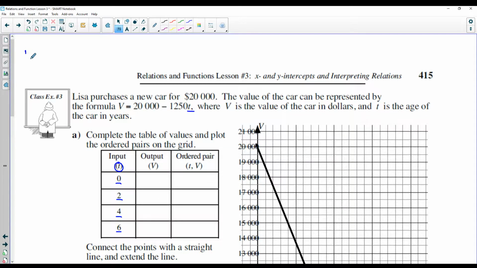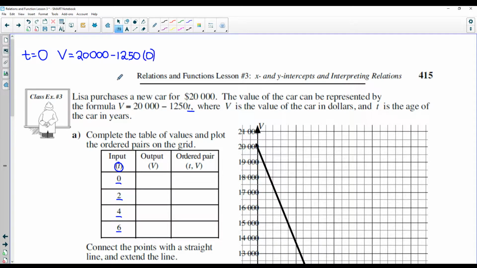Okay, so if t is equal to 0, and I want to get the value of v, I'm just going to write the equation down and substitute in t equals 0. So this would then be v would be equal to 20,000. And I'm going to subtract 1250. And again, anytime you substitute in a value, you put it in brackets.